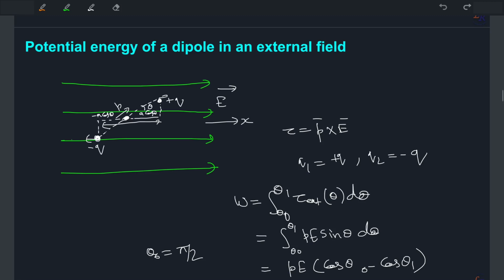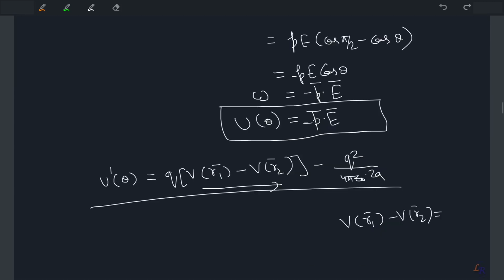So let's say I want to bring the charge q2 to q1, right? So the potential difference will be given as V(r1) here and V(r2) here, okay? So V(r1) minus V(r2) can be given as minus E into 2a cos theta. That we can write, not a problem.